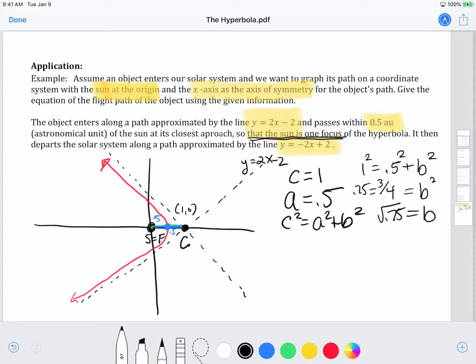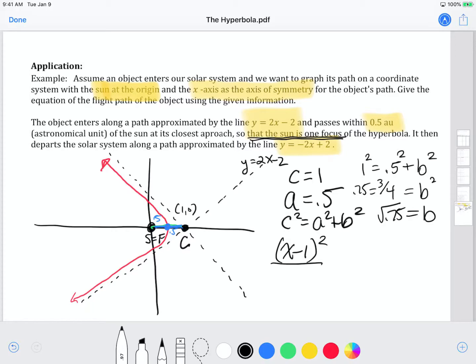Now, because my transverse axis runs horizontally, and I have a center at (1, 0), I know my x term is going to come first, and I'm going to have x minus 1. That's my shift over to the center from (0, 0) to (1, 0).